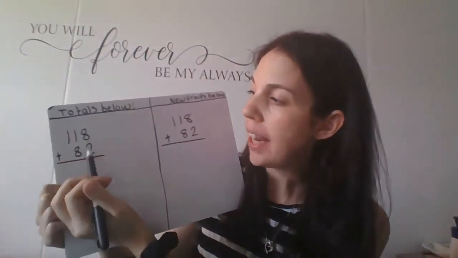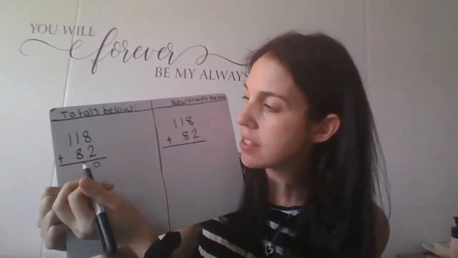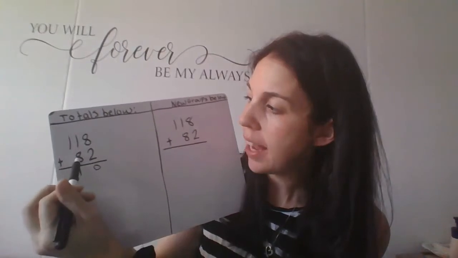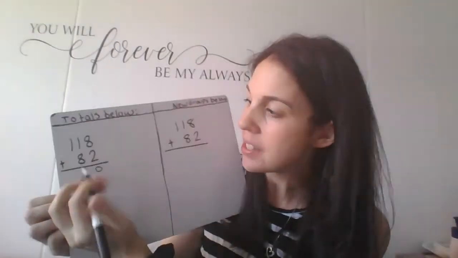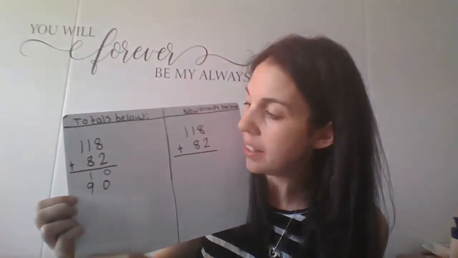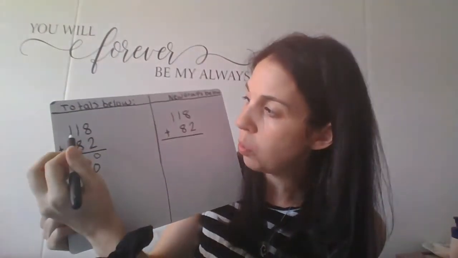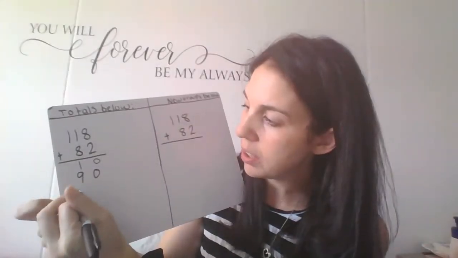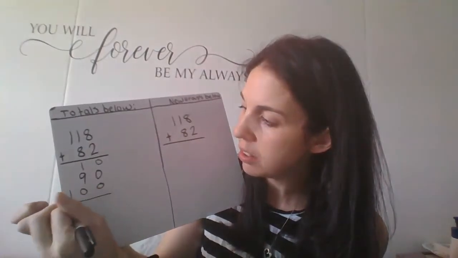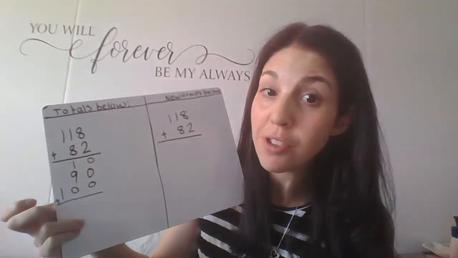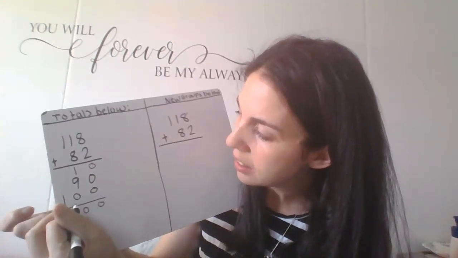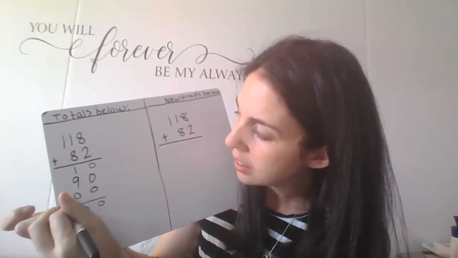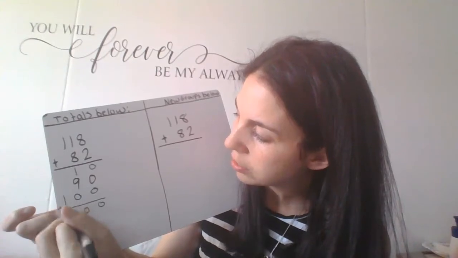Totals below. 8 plus 2 is 10, 0, 1. 8 plus 1 is 9, but it's really 90 because it's 8 tens and 1 ten. 90, 100, 1, 0, 0. Add up our totals below. 0, 9, 10, and 2. Okay?